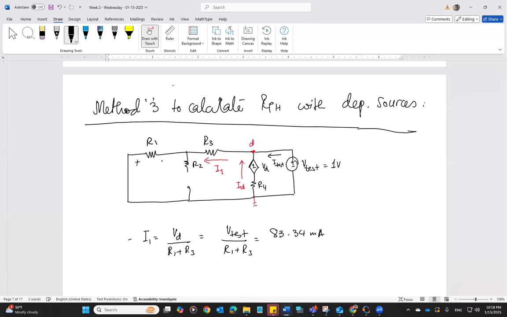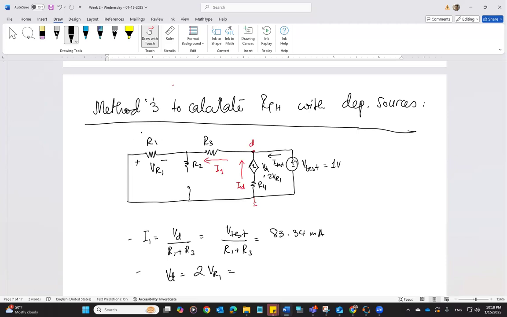Don't forget that VR1 is here. And the dependent source, of course, depends upon 2 times VR1. So what is VD? 2 times VR1, and VR1 is negative of I1 times R1, because I1 is going from right to left, but the VR1 polarity is positive on the left and negative on the right.